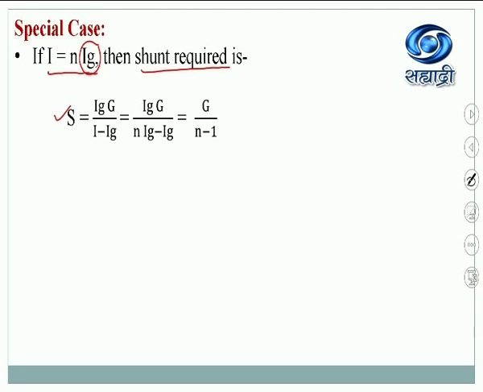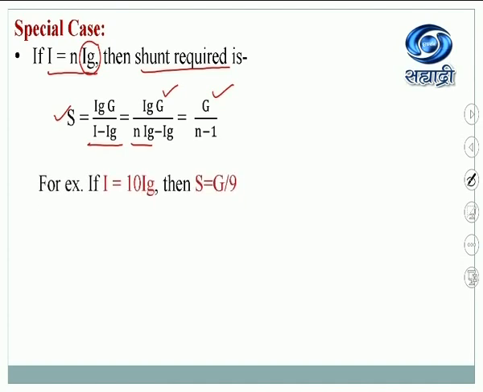We know that S is equal to Ig into G upon I minus Ig. This is the equation with which we can calculate the value of shunt to measure maximum current I in the circuit. In place of I, we shall now write N times Ig. So the equation becomes Ig into G upon N times Ig minus Ig. On solving, we get G upon N minus 1. So S equal to G upon N minus 1.